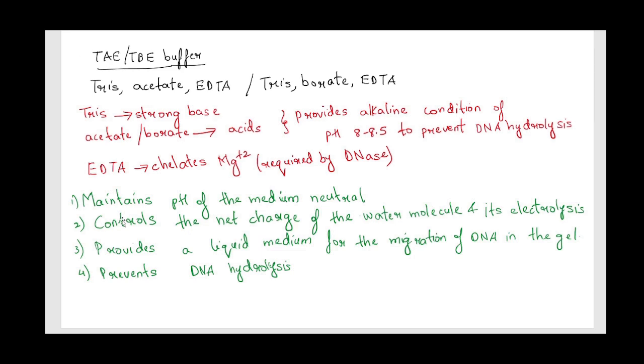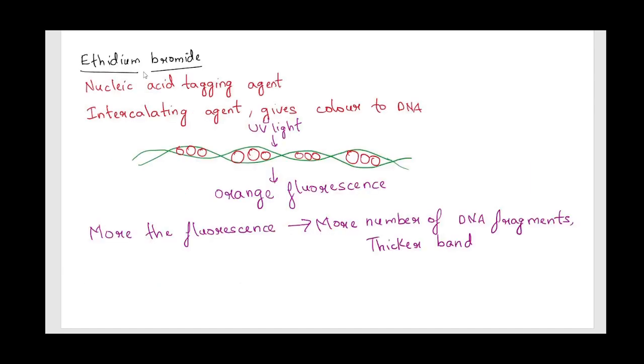So the buffer is used in maintaining pH of the medium. The buffer controls the net charge of the water molecule. It provides a liquid medium for the migration of DNA in the gel and it prevents DNA hydrolysis. Ethidium bromide is known as a nucleic acid tagging agent or an intercalating agent.